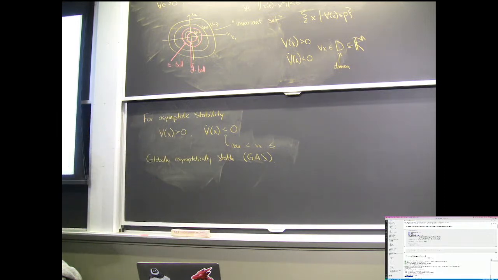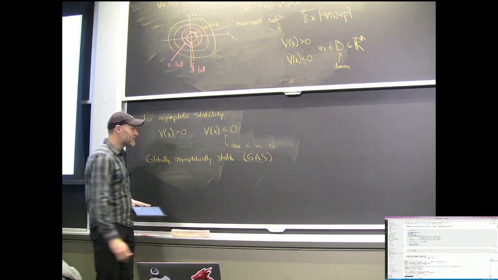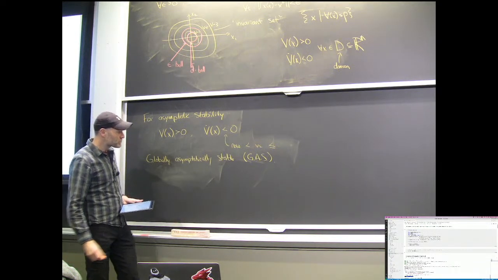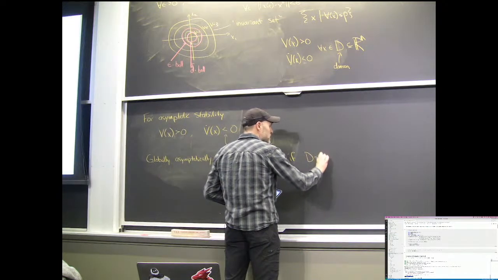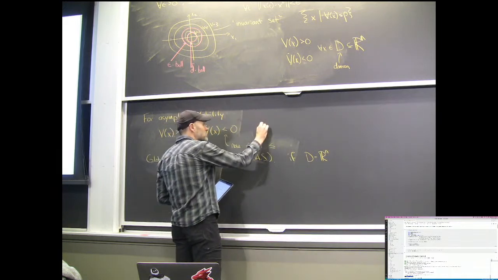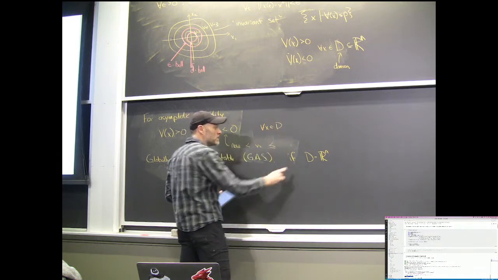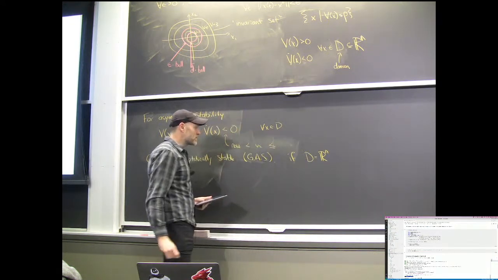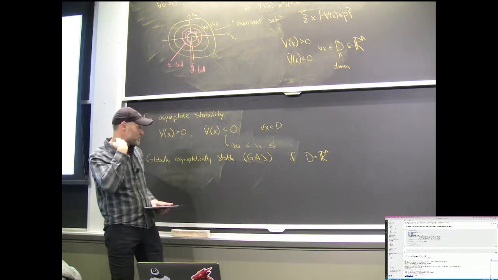You see papers with GAS in the subject or in the abstract. Yeah, globally asymptotically stable. This happens if D is the entire space: if those conditions hold for all x in some domain D, and D is everything, then you can be globally asymptotically stable.